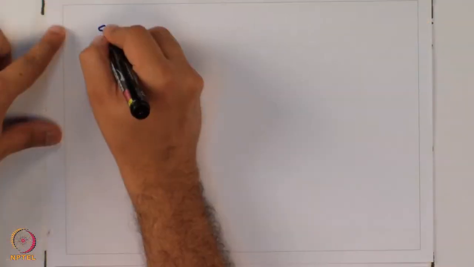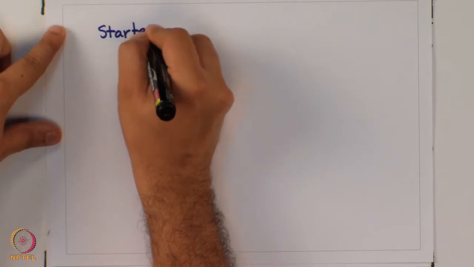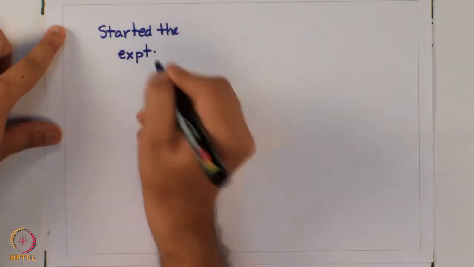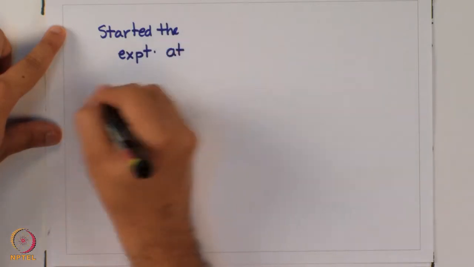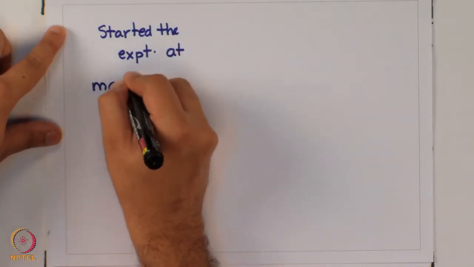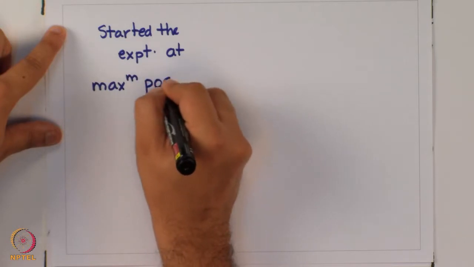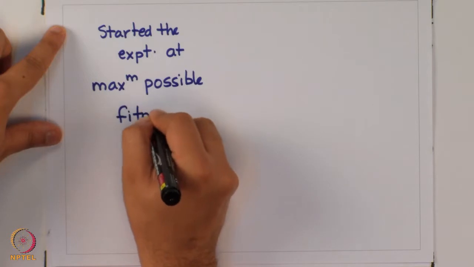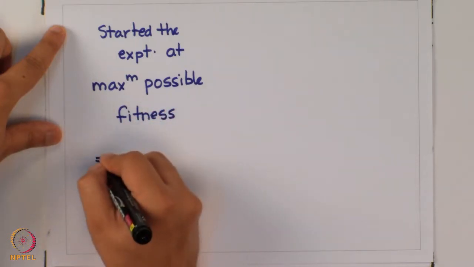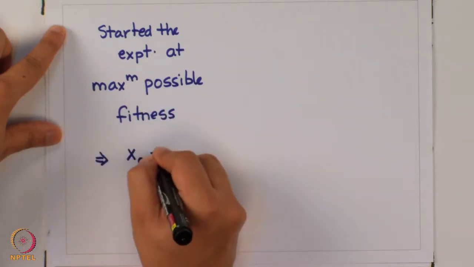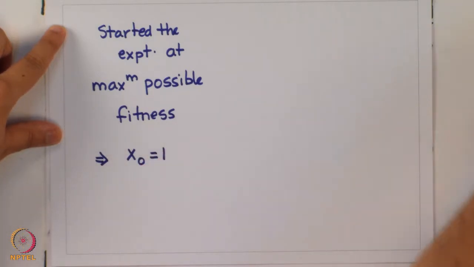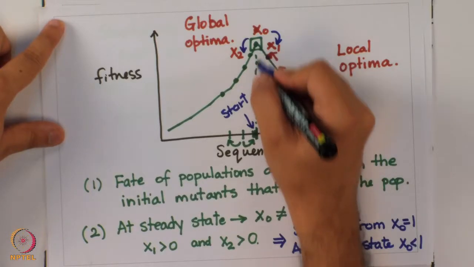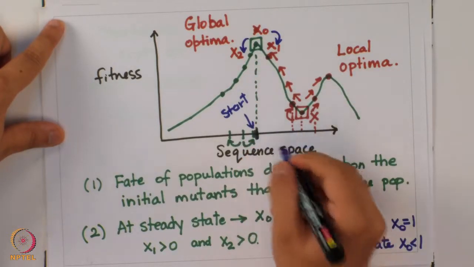So, we started the experiment at maximum possible fitness, which implies that x naught is equal to 1, which if we look at the previous slide here, all the individuals of the population were carrying this particular genotype.